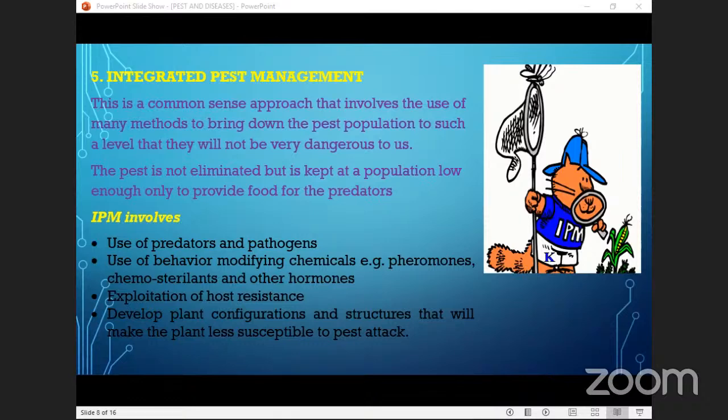You use them to control a certain pest. Use of behavior modifying chemicals, such as the pheromones. These are hormones found in plants and other animals, such as the bees, which attract and repel pests away from our crops.